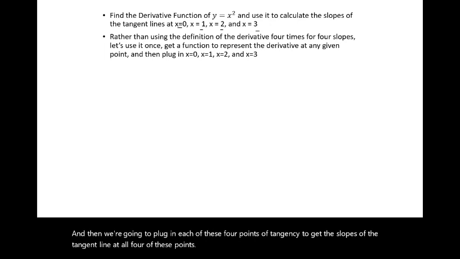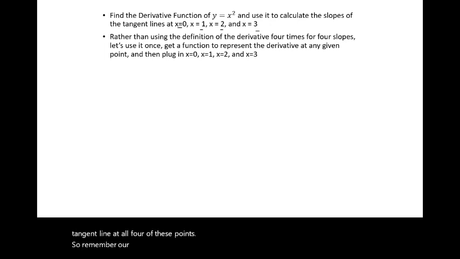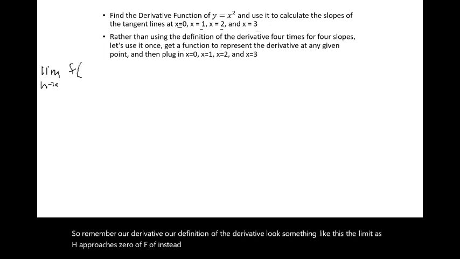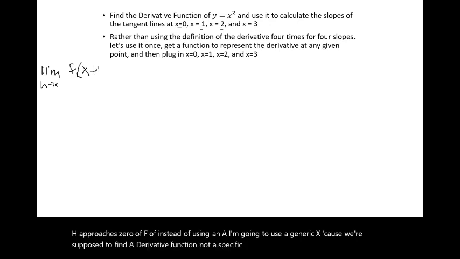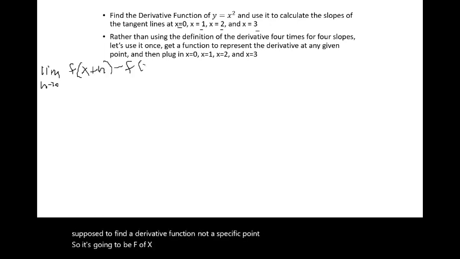So remember, our definition of the derivative looks something like this. The limit as h approaches 0 of f of, instead of using an a, I'm going to use a generic x, because we're supposed to find a derivative function, not a specific point. So it's going to be f of x plus h minus f of x all over h.